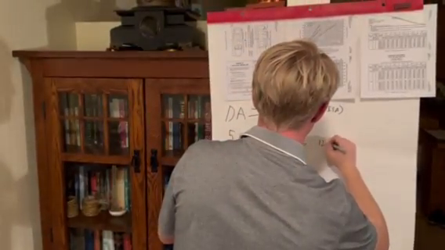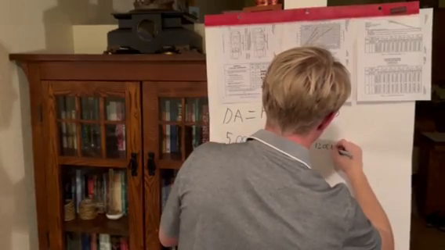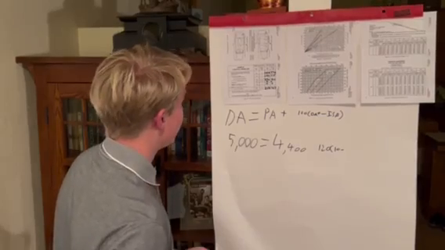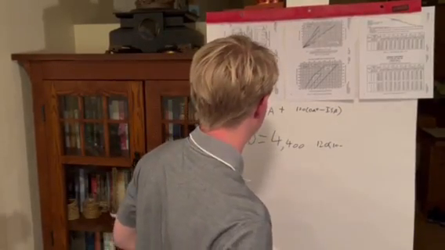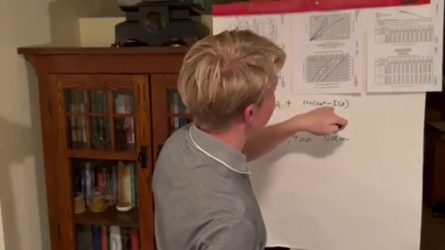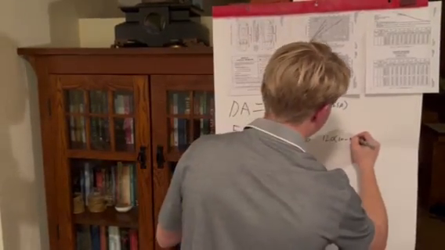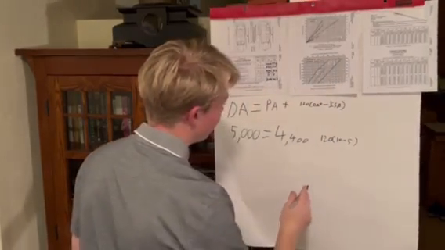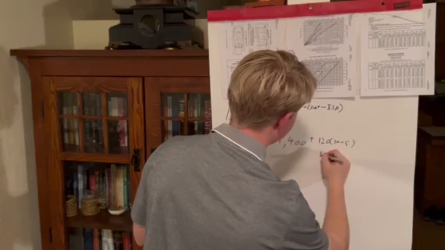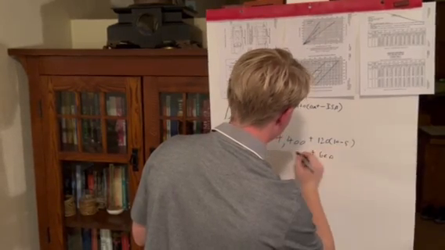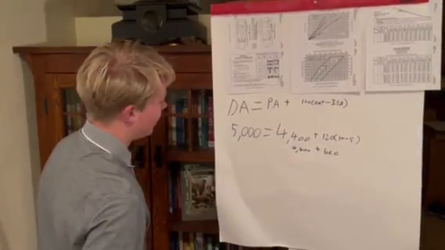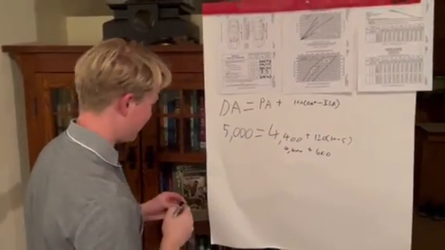So we have 120 times 10 minus the international standard atmosphere, and at 4,000 feet, or around 5,000, our international standard atmosphere is around 5. So you'd get 5 times 120, which is 600, plus 4,400, and we would get that equal to 5,000 foot density altitude.